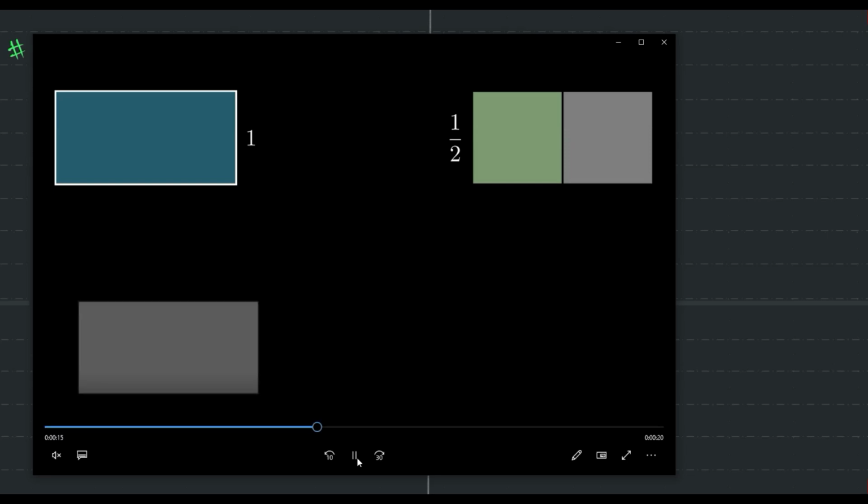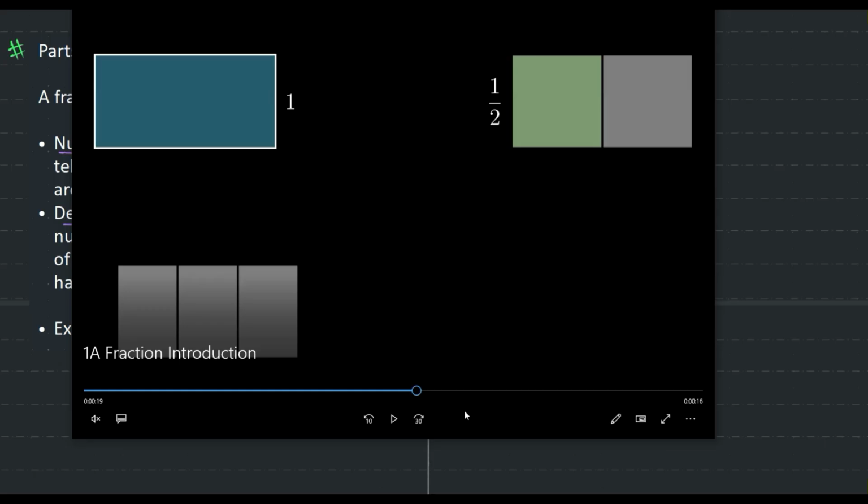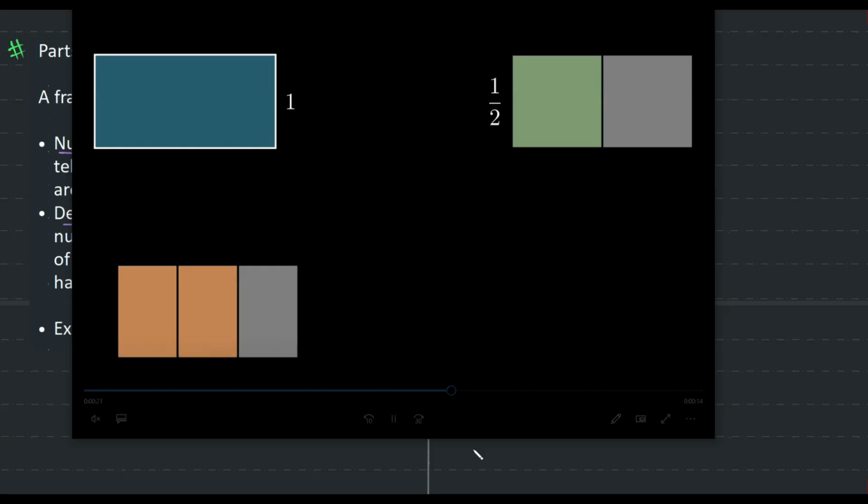Next, one more scenario. The same whole thing, but now we are dividing it into 3 parts. Can you see that? We have divided it into 3 parts. And if someone offers 2 of the 3 parts, we'll represent it as, can you guess? 2 by 3.